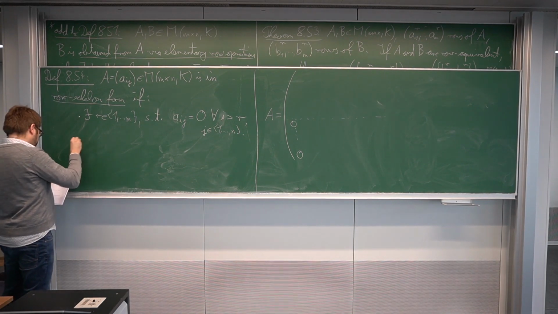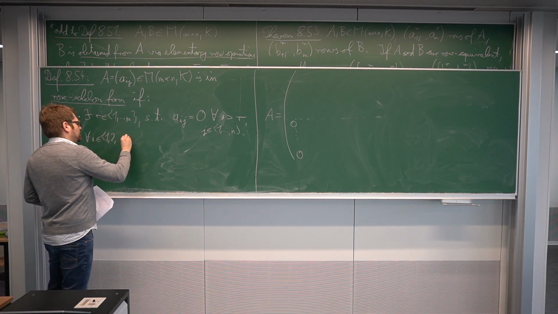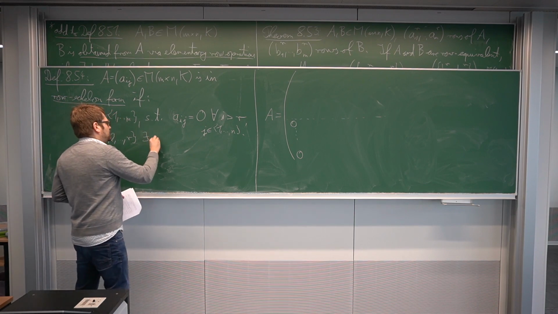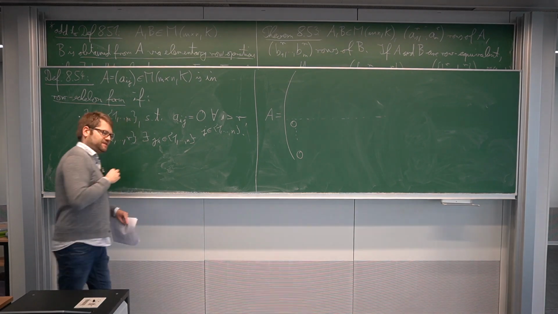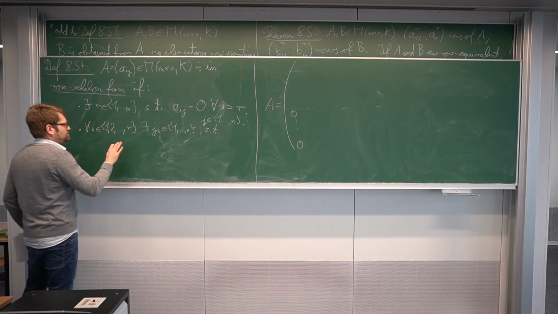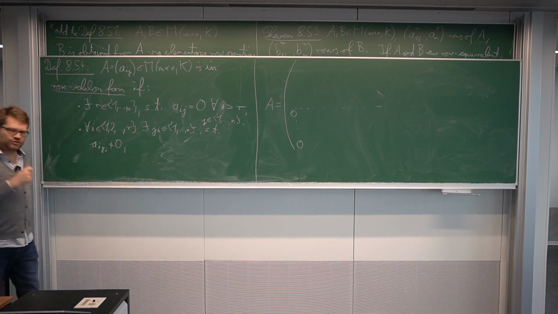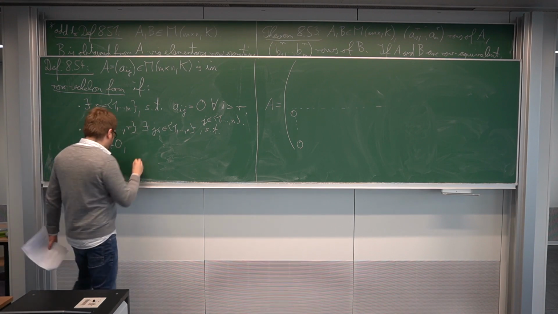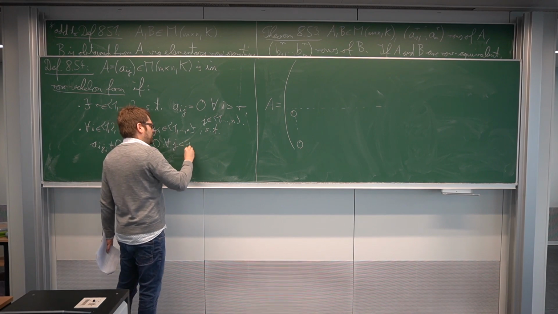Now, what about the rest? For the rest, there is a particular rule. For all i between 1 and r, so all the rows which do not just contain zeros, there exists a number j_i between 1 and n, so some column index, such that first of all A_i,j_i is non-vanishing, and everything to the left of this element is 0, so A_ij is equal to 0 for all j smaller than j_i.